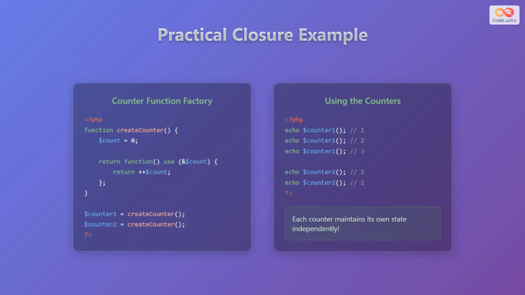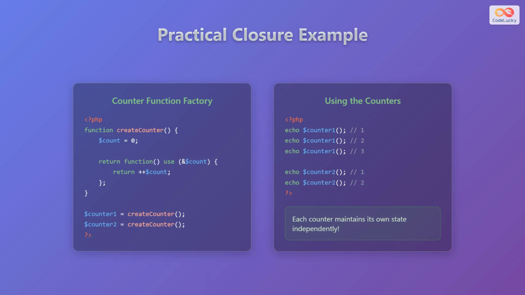Here is a practical example of a closure. In this example, we will create a counter function factory. We create a function called createCounter. Inside this function, we initialize the variable $count to 0. Then we return an anonymous function that uses the count variable from the parent scope. Notice that the count variable is passed by reference using the ampersand.